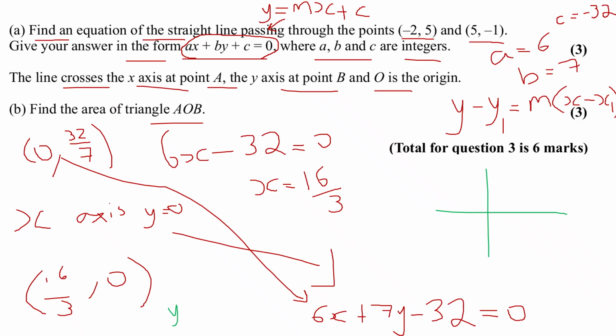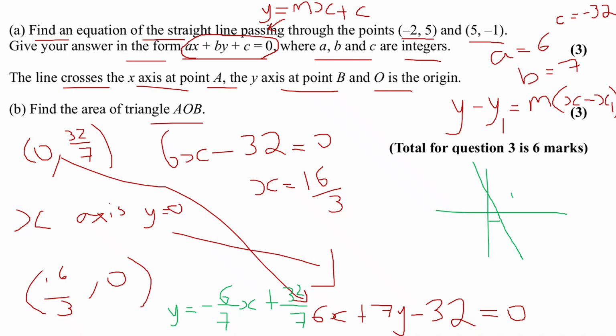So we're going to get y is equal to minus 6 sevenths x plus 32 sevenths. Just so I've got a rough sketch. So it's going to look something like that.